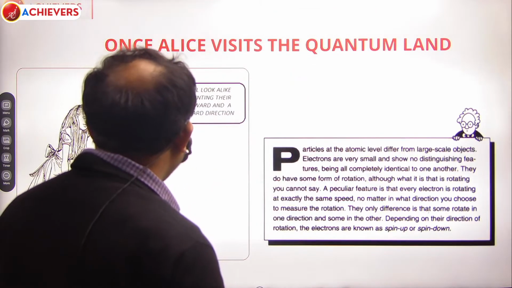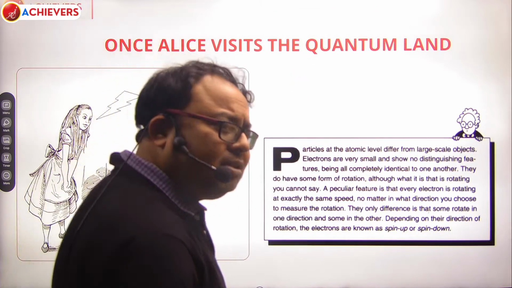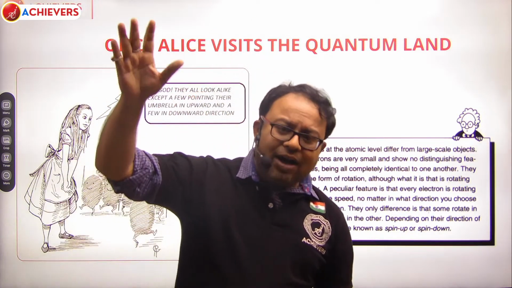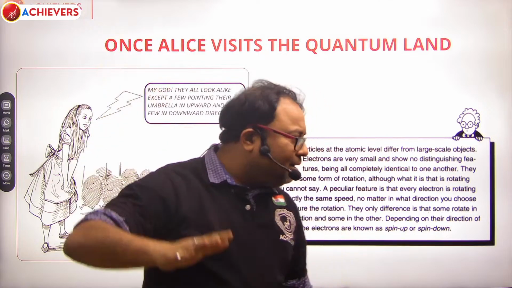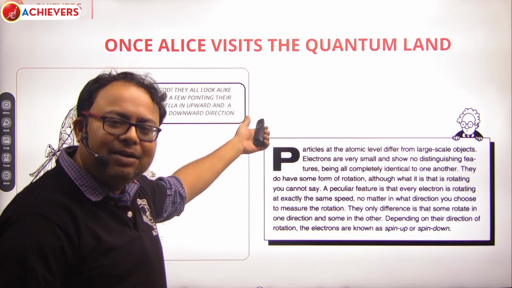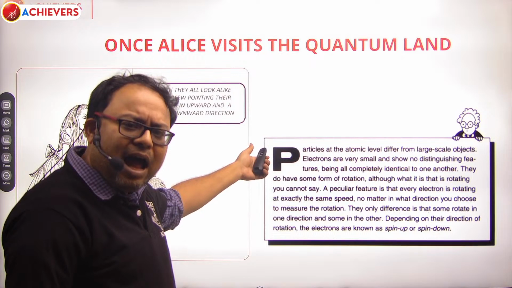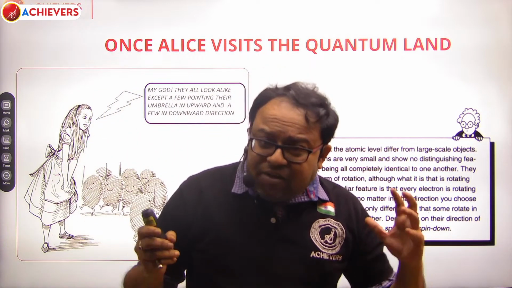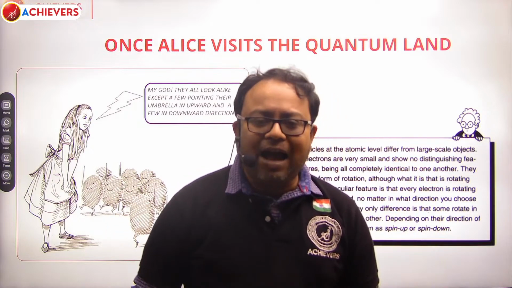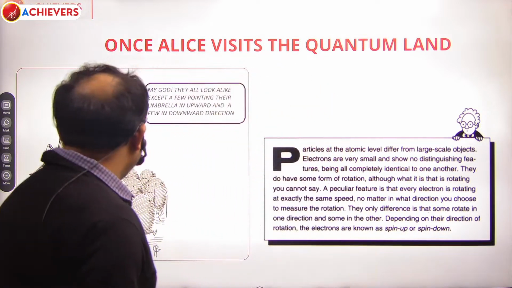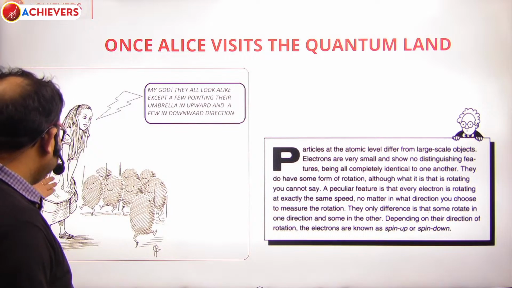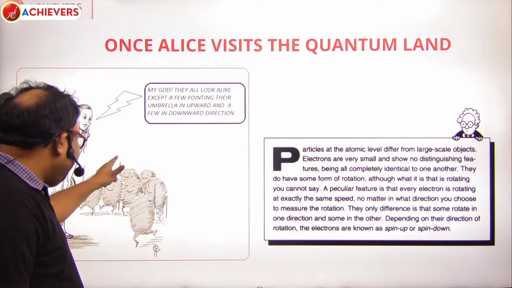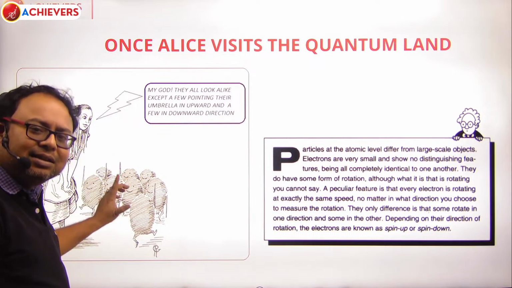You can see once Alice, who was marooned in Wonderland, comes to the quantum land, and she experiences some very interesting facts. Here you can see Alice encounters some very interesting entities.